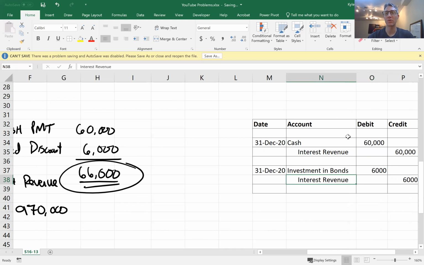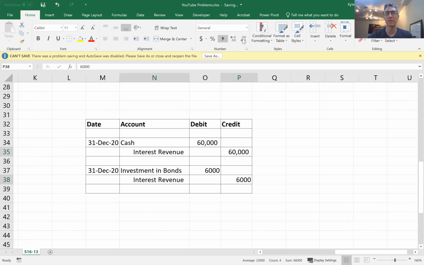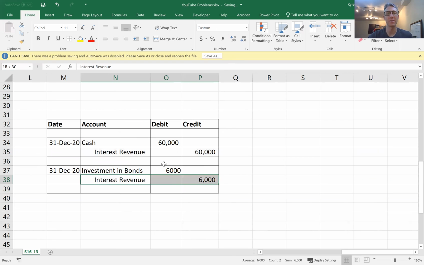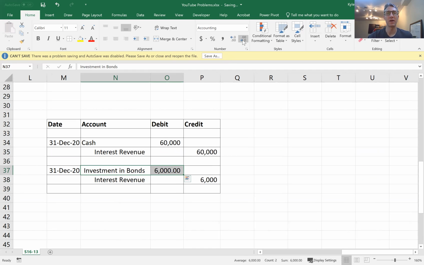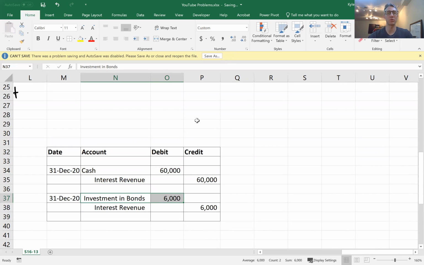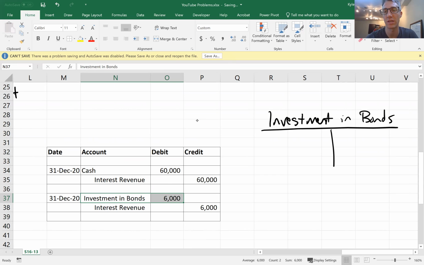So that we can see here through these two journal entries, the annual interest revenue that we're going to collect, it's going to increase income on our income statement, is going to be 66,000. But I just debited this investment in bonds account. So if I were to post these two into a T account, I'm just going to create a chicken scratch T account here.